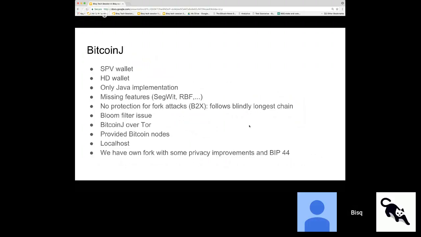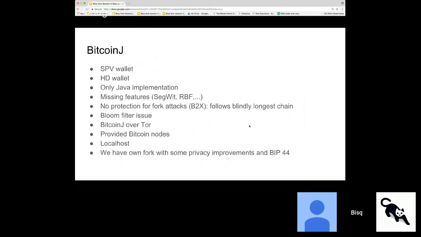I'm not 100% sure if it's really the only Java implementation for Bitcoin, more or less feature complete. BitcoinJ could also run as a completely full node, but I think it was never designed for this. It was never really tested. So it's probably not very mature and feature complete in that area, but it's pretty mature as an SPV wallet.